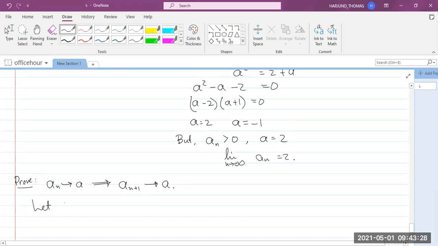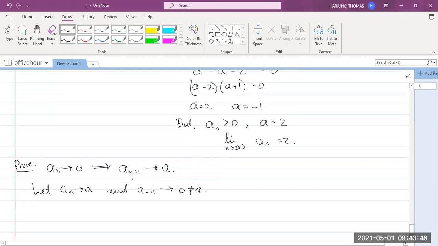So let a sub n converge to A, and at the same time, a sub n plus 1 converges to B, which is not A. In other words, the limit as n goes to infinity of a sub n equals A, but the limit as n goes to infinity of a sub n plus 1 is B, which is not A.